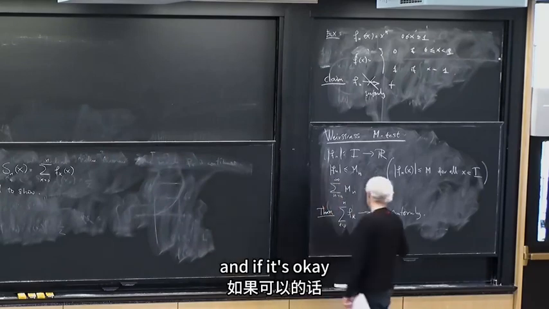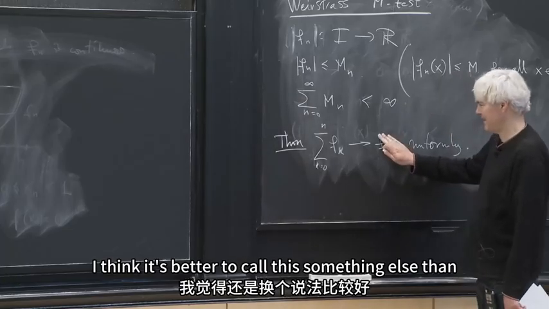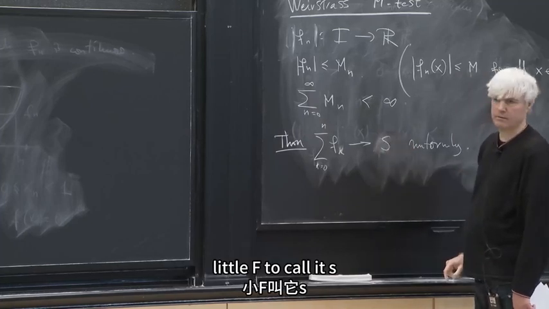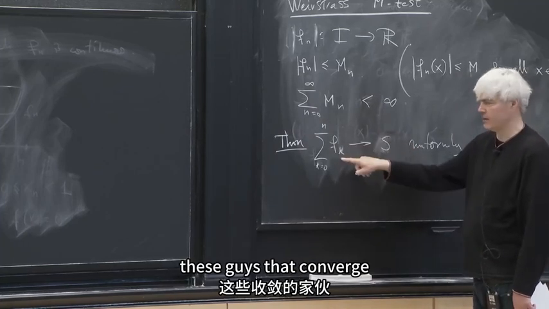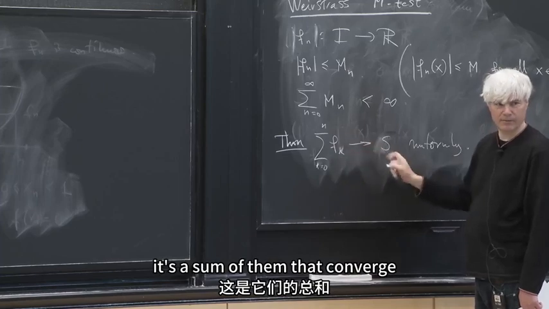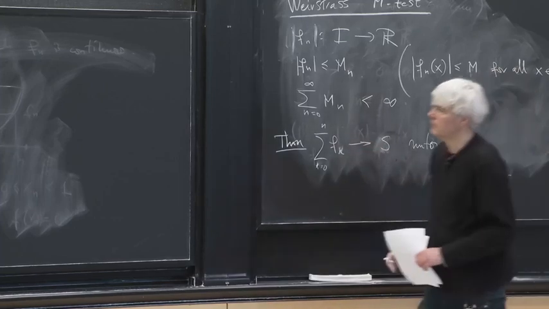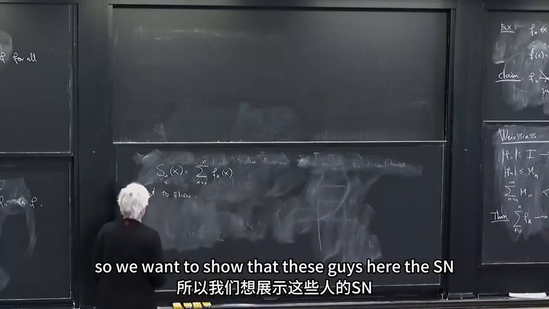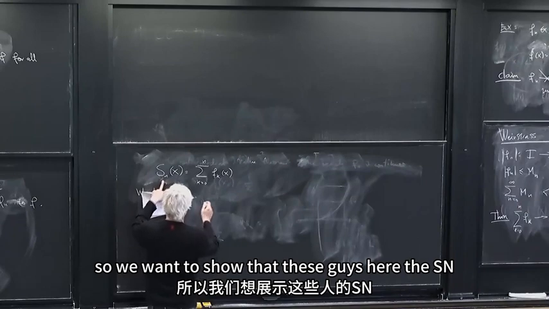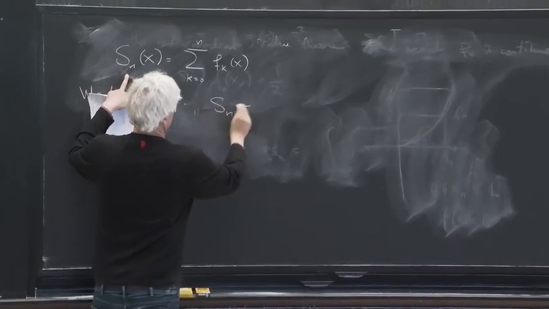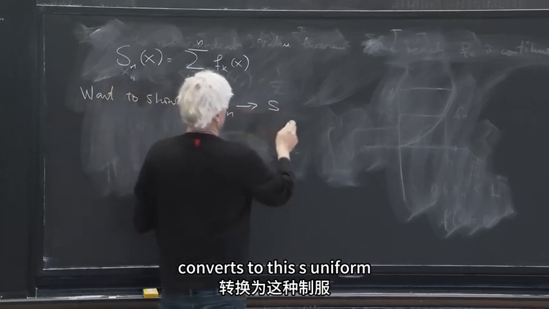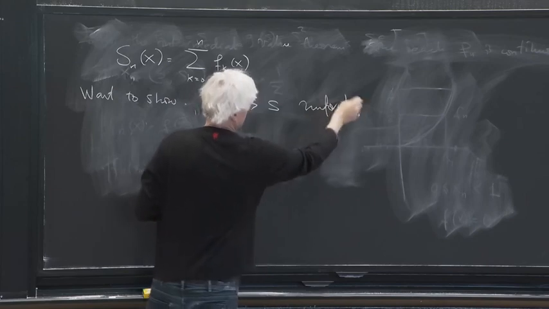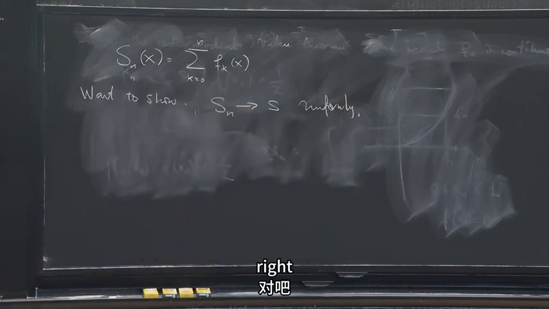And I think it's better to call the limit something other than little f, to call it S, right? Because it's not these guys that converge, it's a sum of them that converge. So we want to show that the S_n converge to this S uniformly, right? That's what we want to prove.